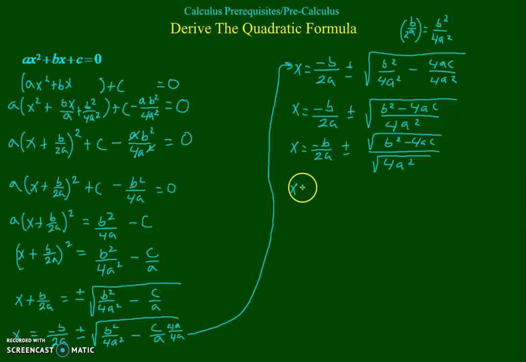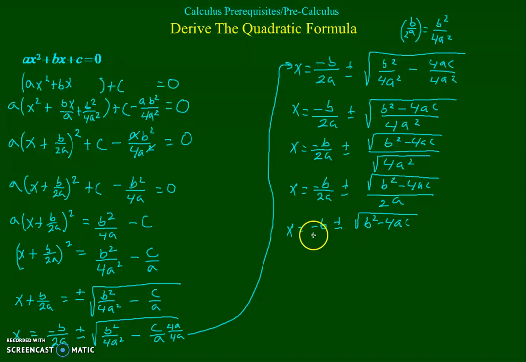So x equals negative b over 2a plus or minus the square root of b squared minus 4ac all over 2a. Now you notice these two fractions are the same on the bottom, so I can combine those. So I have x equals negative b plus or minus the square root of b squared minus 4ac, and this whole thing is over 2a, and there is the quadratic formula.